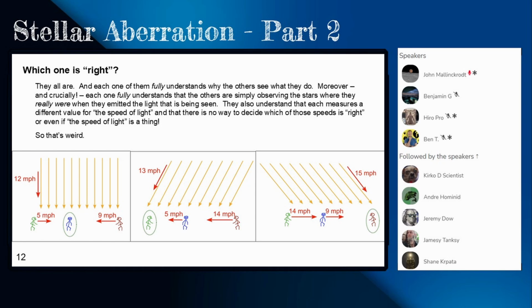So they all see the same thing. The rain analogy is very tempting, and it works. It gives the right answer. But I just want to emphasize over and over again that each one of these guys is seeing the star where it was when the light left. And everyone has the perfect right to consider themselves to just be sitting there waiting for the light to get to them.